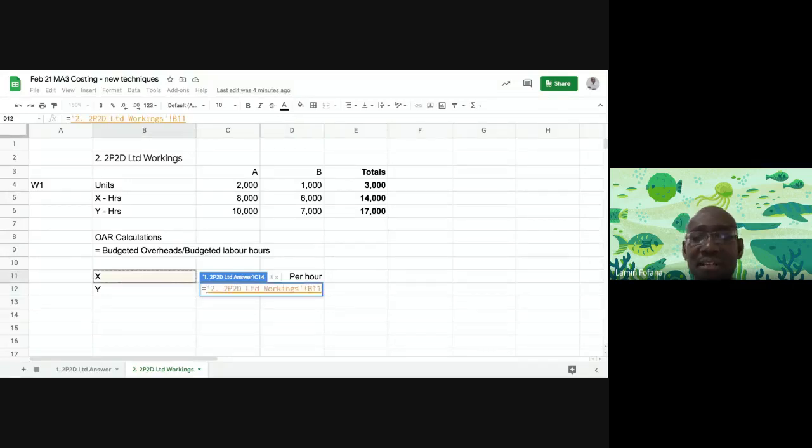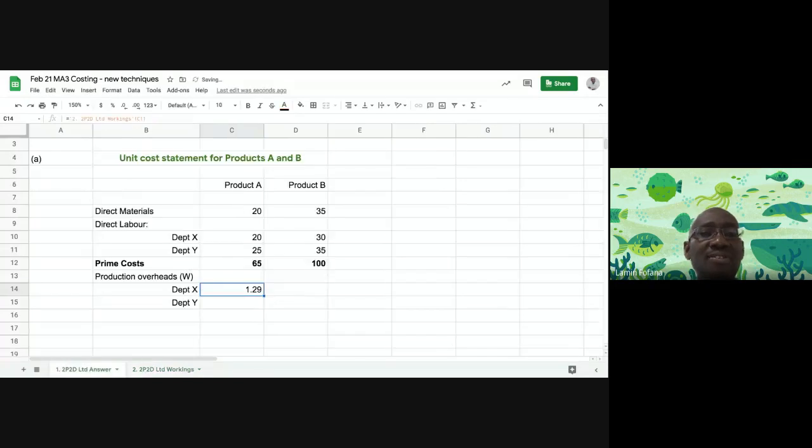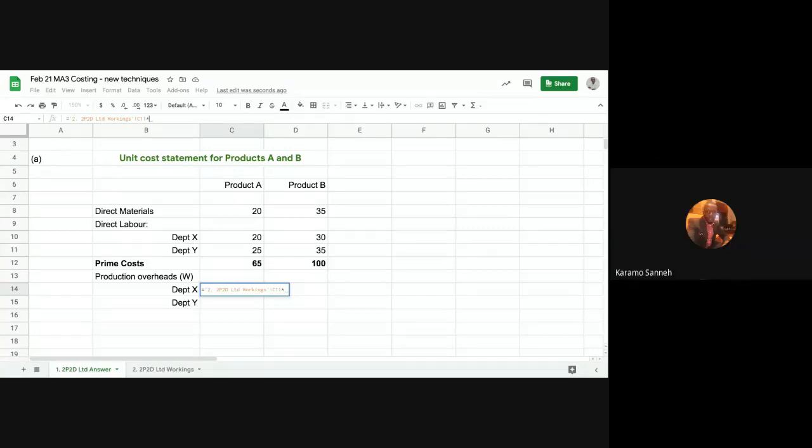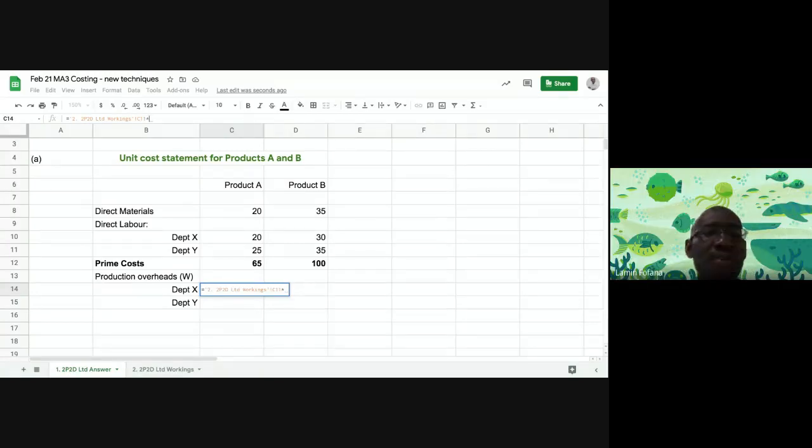The rate is 1.29, yes. Okay, I already struck it. Then we asterisk, we multiply it by the actual activity level for product A.